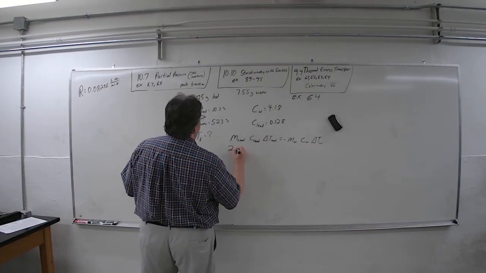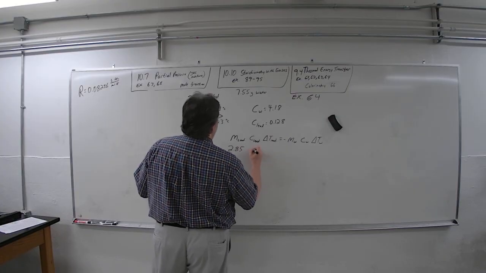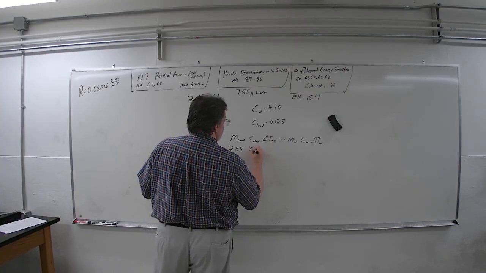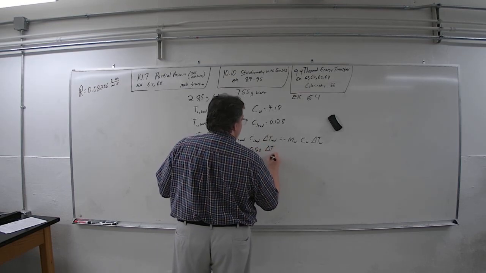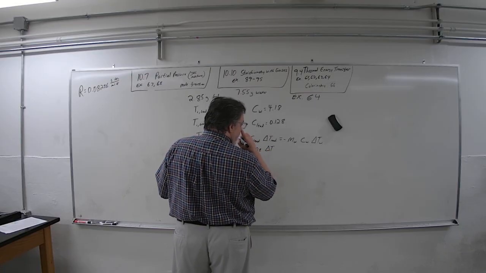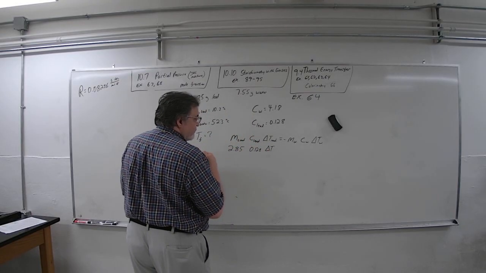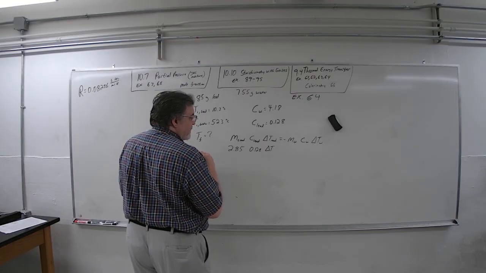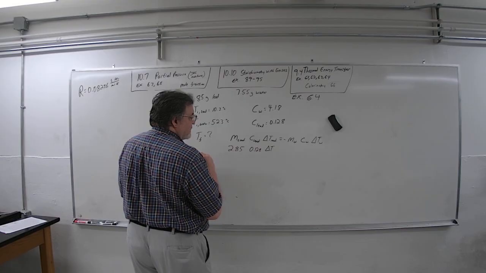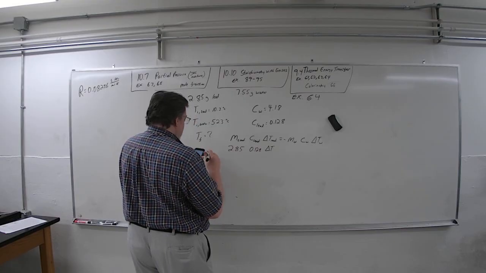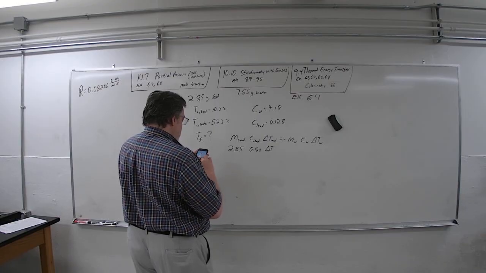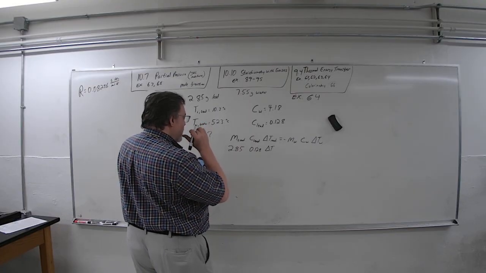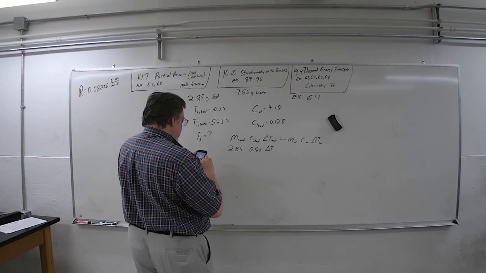Mass of lead, 2.85. Cp for lead, 0.128. Delta T for lead, two different delta T's. We have to be able to solve for one. Did I solve this one the other day?